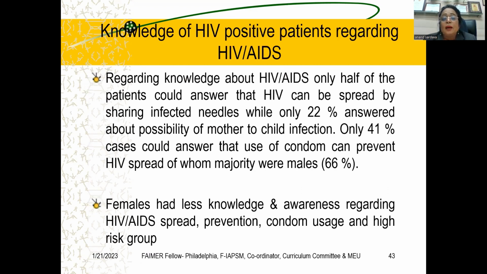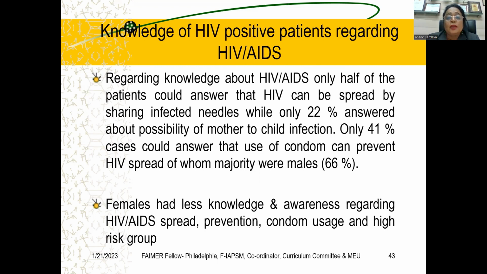Regarding knowledge about the problem, only half of the patients could answer that HIV can be spread by sharing infected needles, while only 22% could answer that there is mother-to-child transmission. 41% of cases could answer that use of condom can prevent HIV, of whom the majority were males.